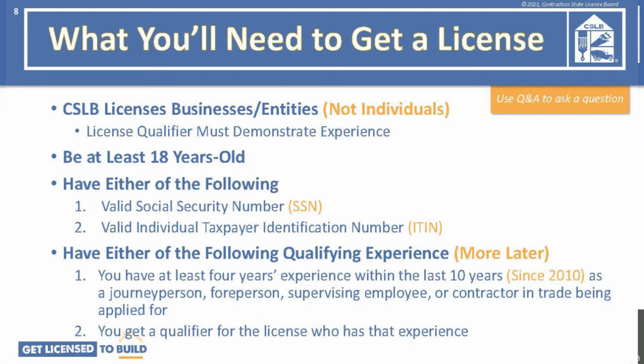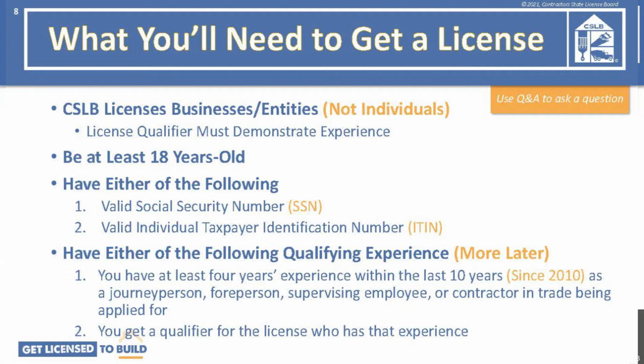Here is a short list of minimum qualifications you will need. You must be at least 18 years old. You must have either a valid Social Security number or valid Individual Taxpayer Identification Number, or ITIN. You can qualify the license in one of two ways.